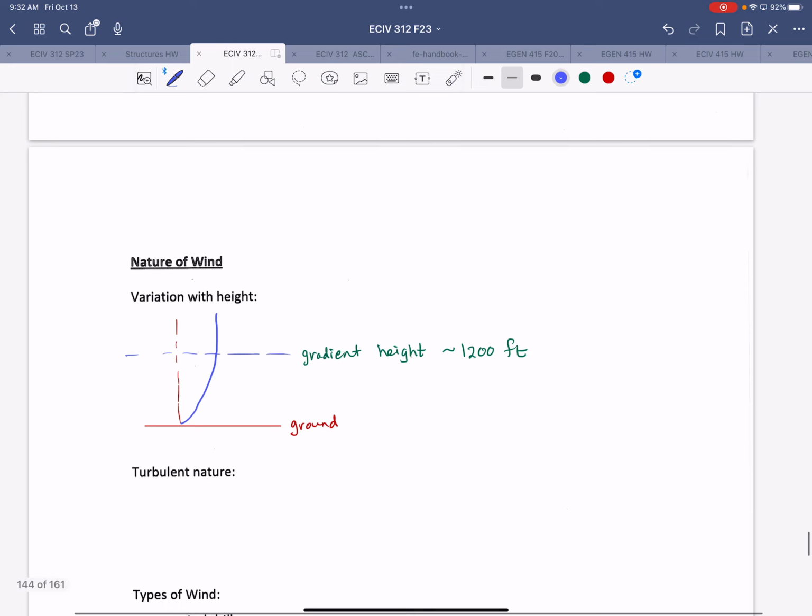The wind velocity above that level is constant. So we call that gradient velocity.